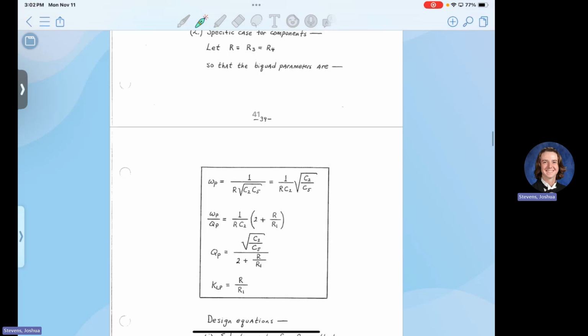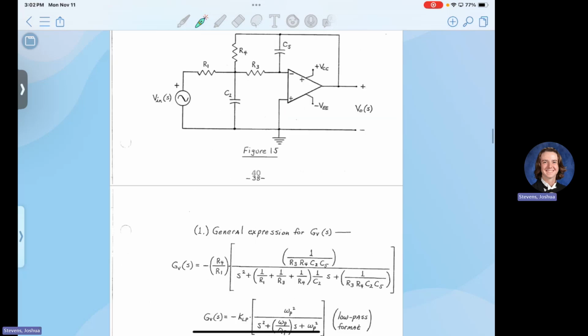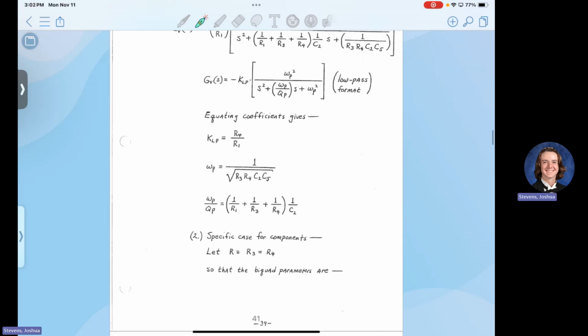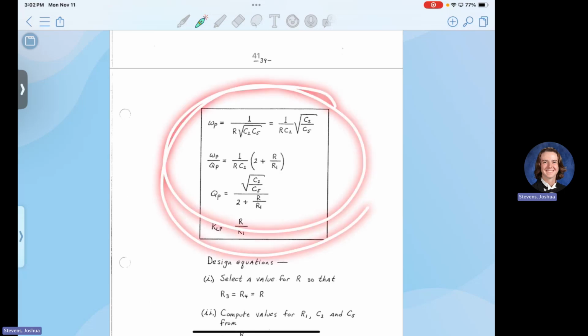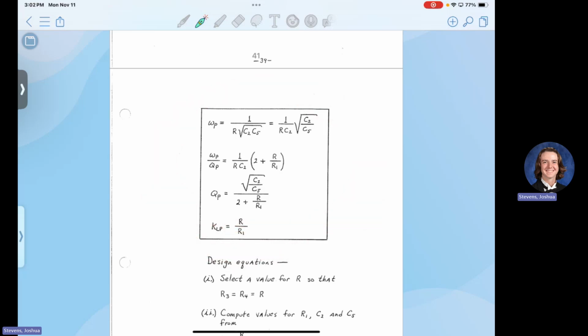Is there low pass and another one on there? Yes, this is low pass right here. So you'll have those right here. Basically, look at the table, find out which one it is, scroll to the appropriate one, write down the equations, wham, bam, done.